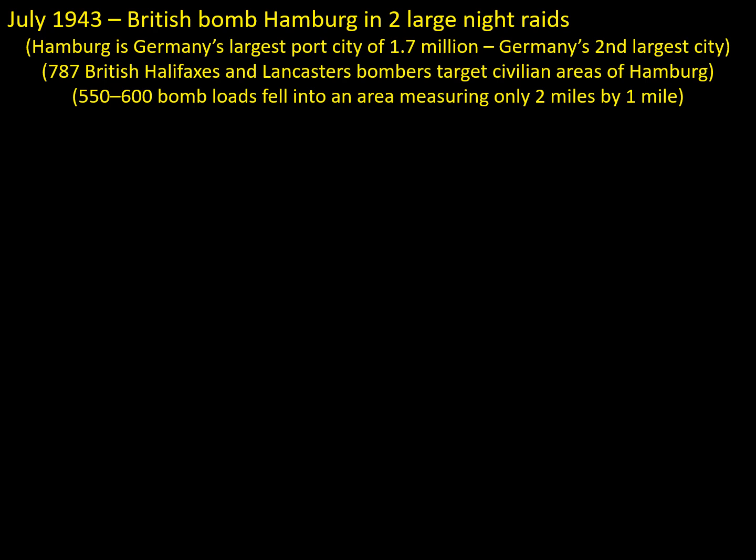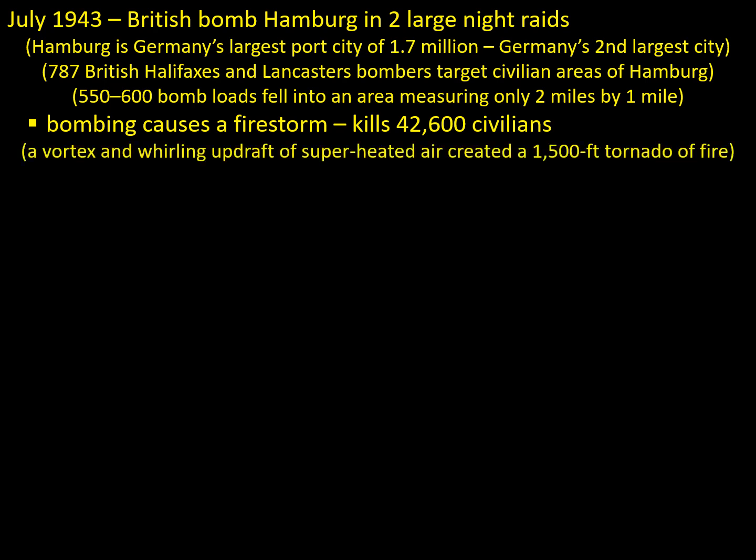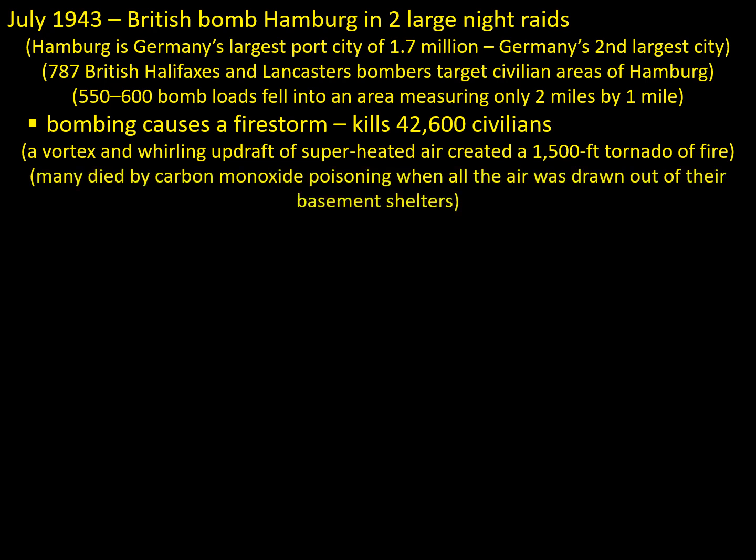550 to 600 bomb loads fell into an area measuring only 2 miles by 1 mile. The bombing caused a firestorm, killing 42,600 civilians in those 2 nights. So many firebombs were dropped, a vortex and whirling updraft of superheated air created a 1,500-foot tornado of fire.